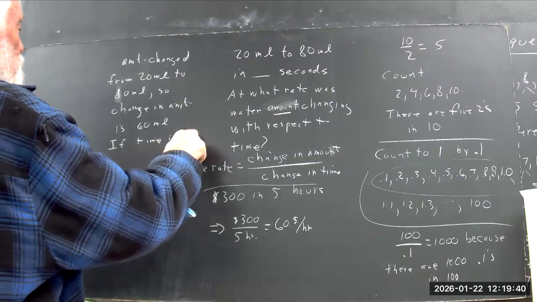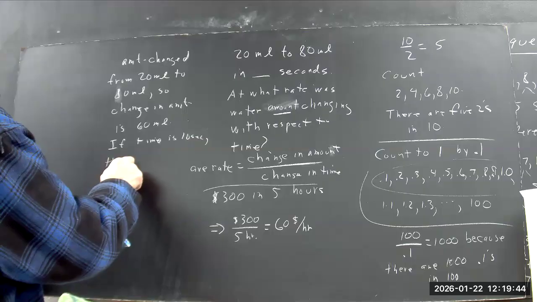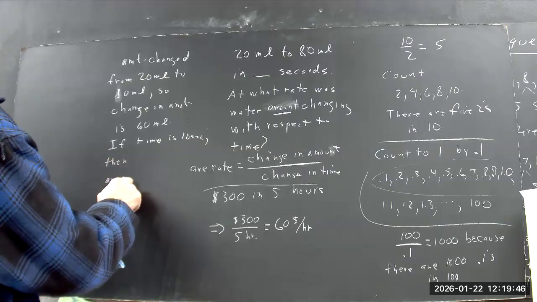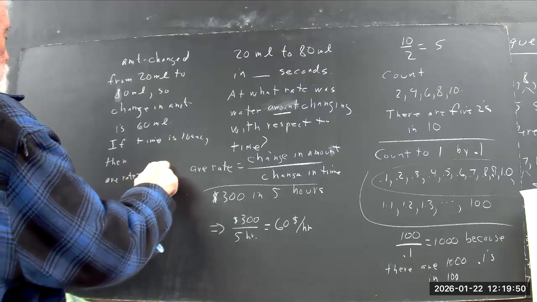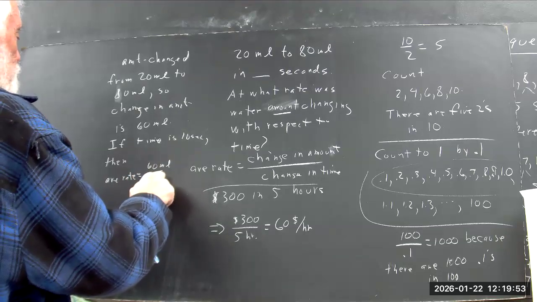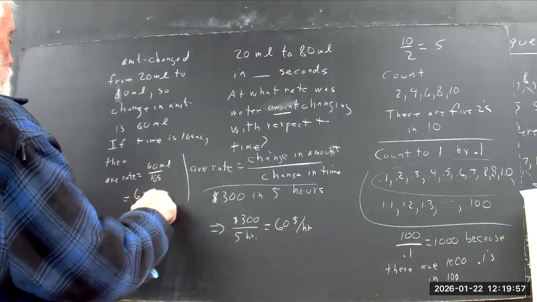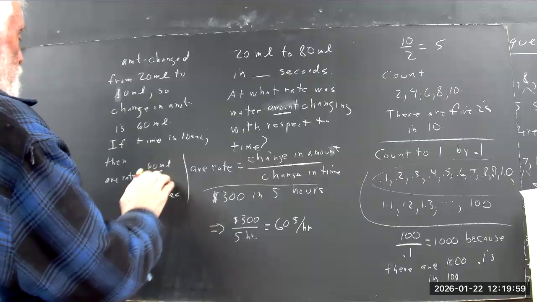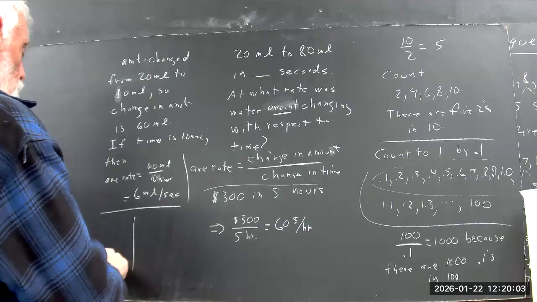If the time is 10 seconds, then your average rate equals 60 milliliters over 10 seconds, which is 6 milliliters per second.